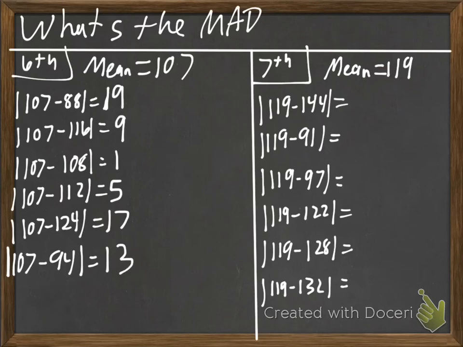So we're going to add all those up and divide it by 6. So I add all those up, and I get 64, and 64 divided by 6 is 10.6, actually 10.7. So on average, each one of the kids sold about $10 away from the mean.